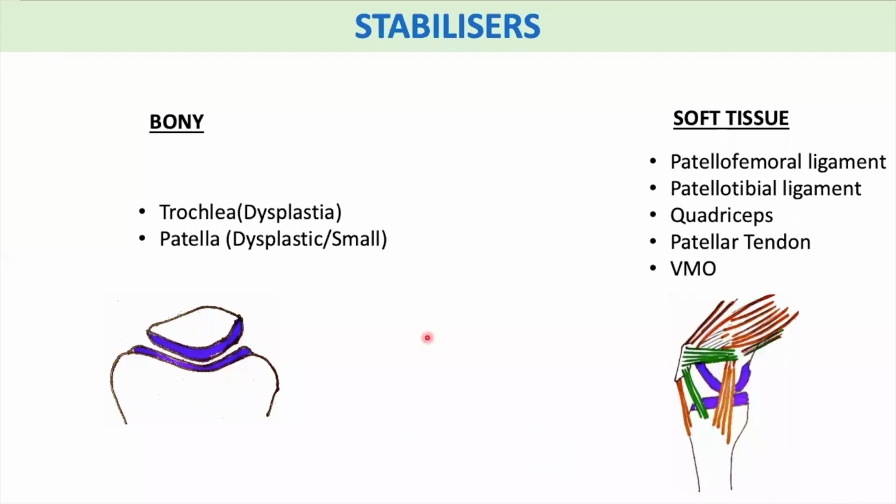Among the bony factors, trochlear dysplasia is considered one of the most important, while among the soft tissue factors, the patellofemoral ligaments, the medial one, that is the MPFL, together with trochlear dysplasia are considered the important factors for patellofemoral joint stabilization. This is a very brief clinical and surgical anatomy of the patellofemoral joint. Thank you very much indeed.